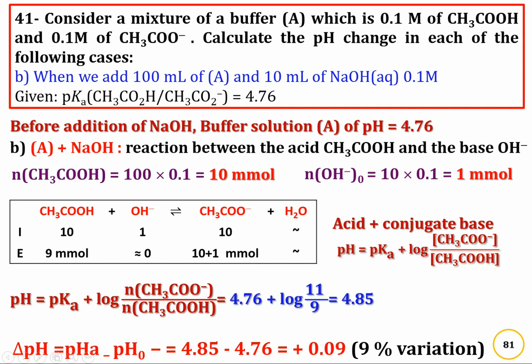So we have a 9% variation of pH. In other words, the addition of 10 ml of NaOH 0.1 molar was consumed by the buffer solution present without significant change of the pH of the buffer solution.